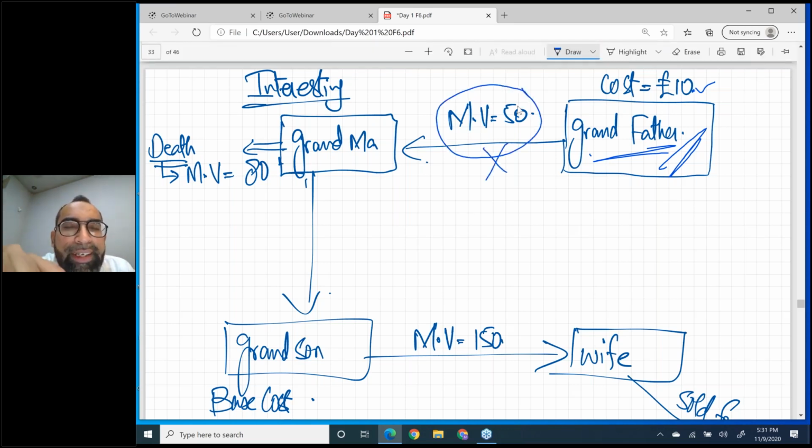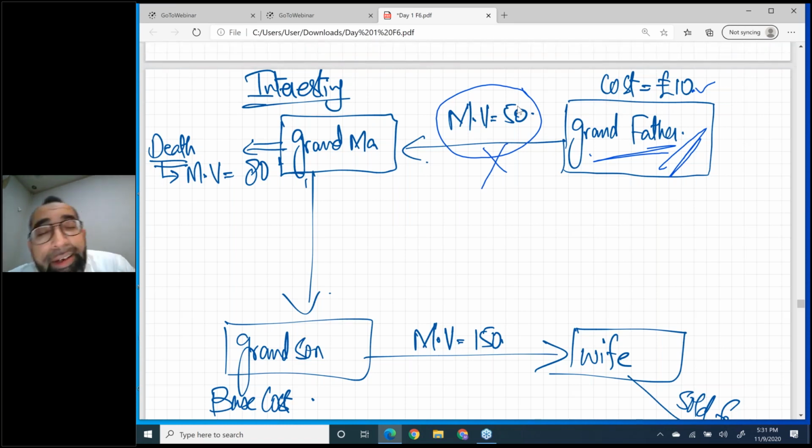Grandfather and grandma are husband and wife, and whenever there is a transaction between husband and wife, we just close our eyes and say: no gain, no loss. And the cost of the grandfather will become the cost to grandma.